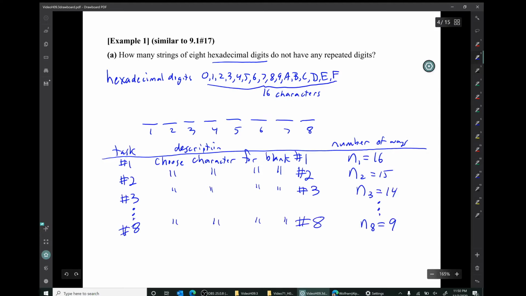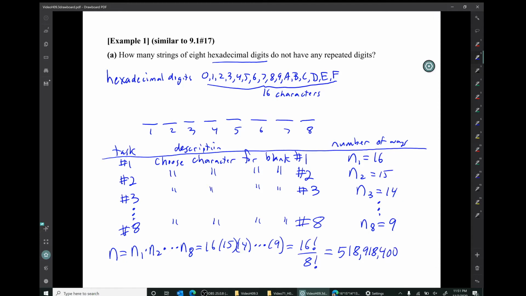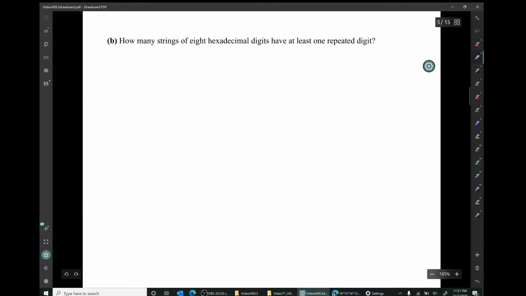So we see that the total number of ways is just using the multiplication rule. The total number of ways is 518,918,400.